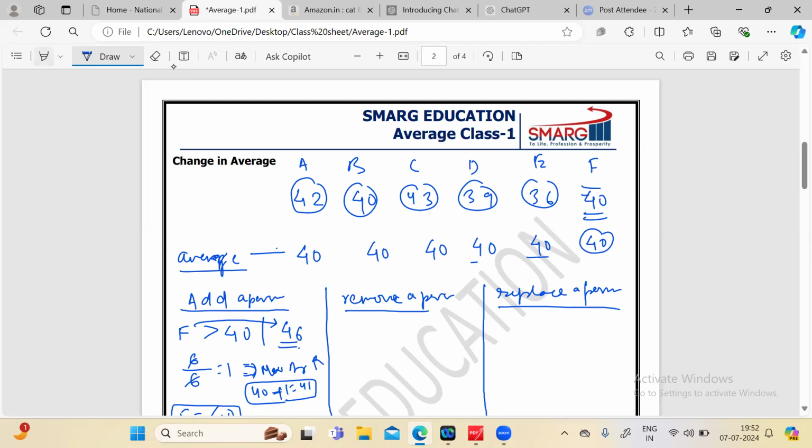Okay. What if a value less than average, let's say 37? 37 joins the group. Now, if you want to make everyone the same, we'll have to give something from all these 5 to F to make all 6 equal.